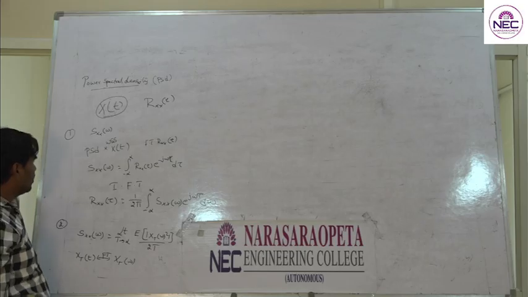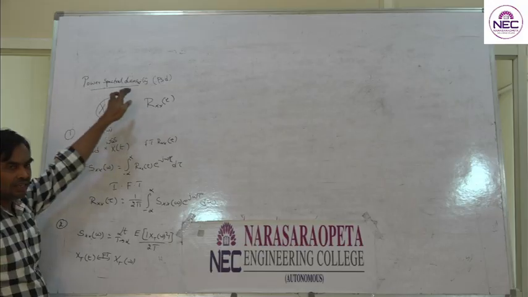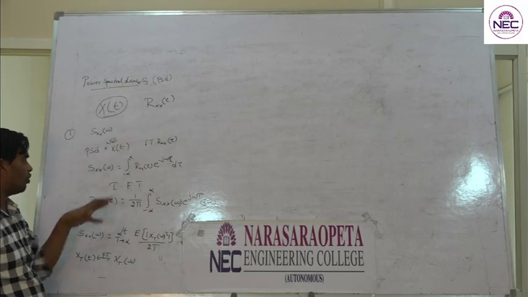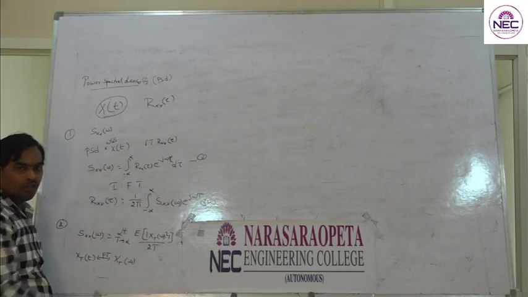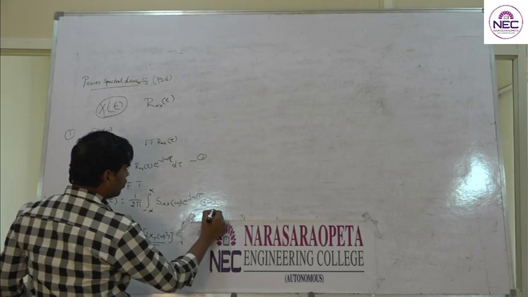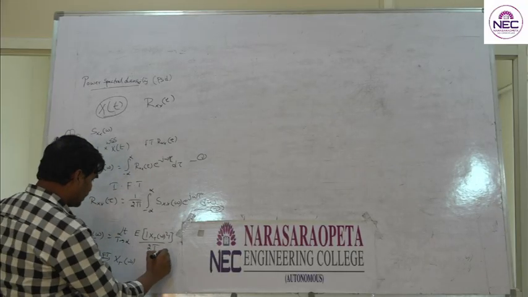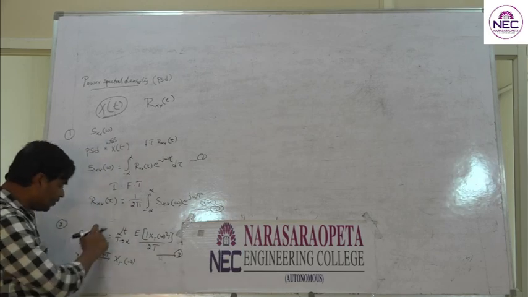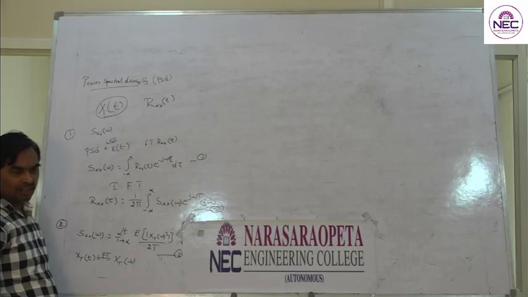Okay, so these are the formulas related to the power spectral density, and in total we can have three different formulas. This one specifies Sxx of omega, the other is the autocorrelation function Rxx of tau, and the other formula is this one, which also represents the power spectral density Sxx of omega.